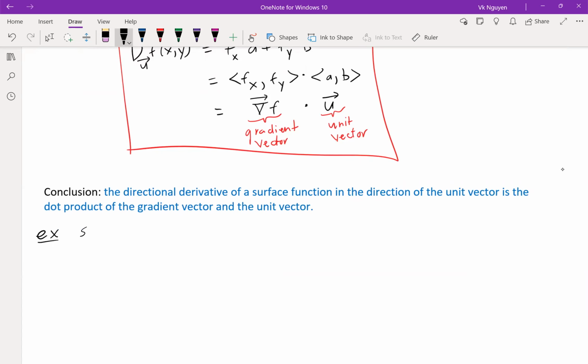Show that fx is parallel to the x-axis using the directional derivative.